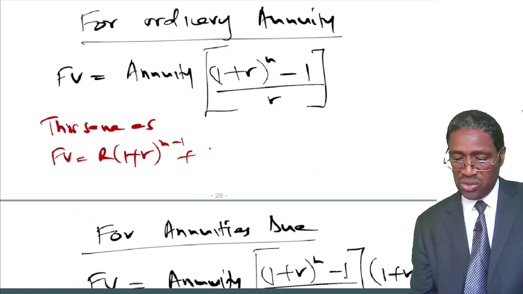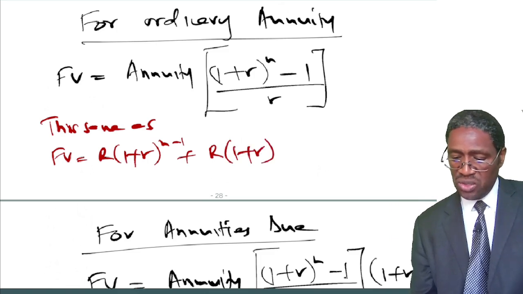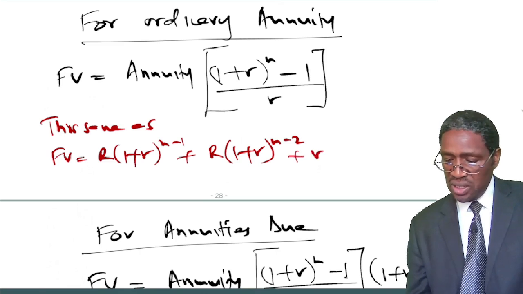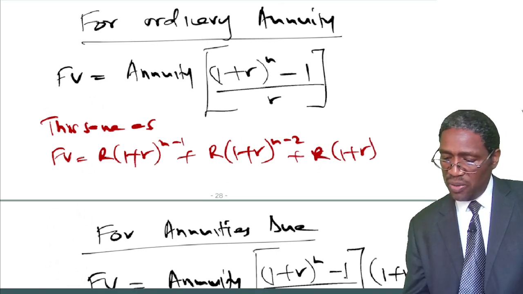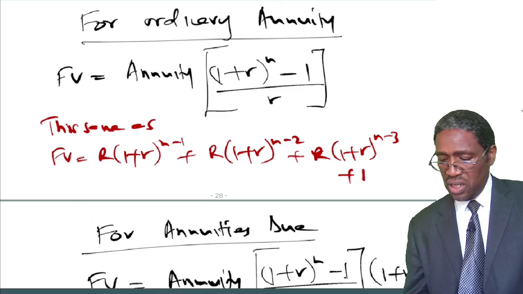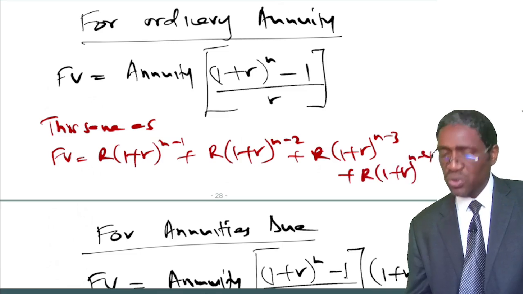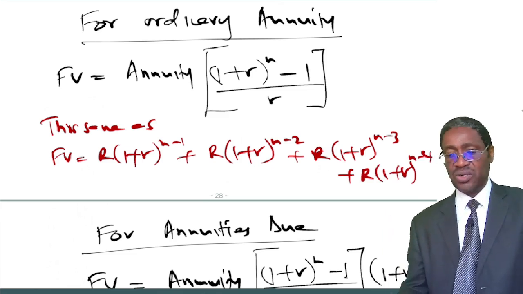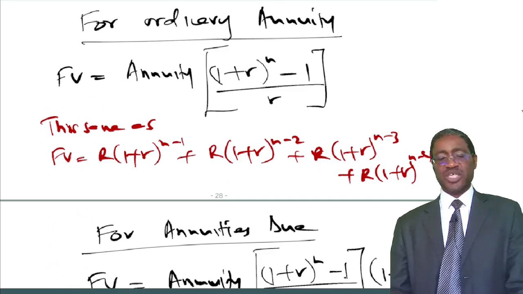Plus, this will be R year 2 into 1 plus R to the power of N minus 2. Are you getting? Then plus, this is R into 1 plus R to the power of N minus 3. Then plus R into 1 plus R to the power of N minus 4. That way. That's what I'm trying to say. Are you getting? Good. Let's put down.